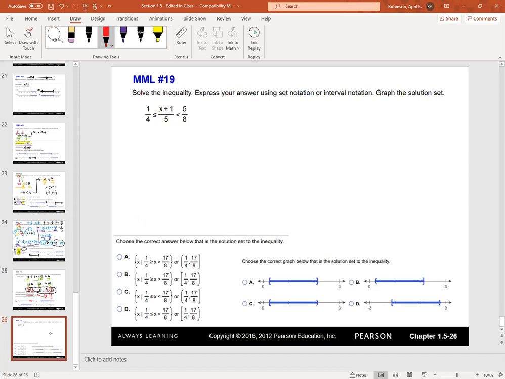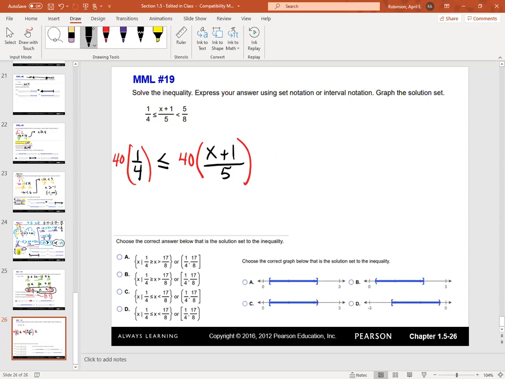Okay, let me rewrite this. I'm going to take the 1/4 and multiply it times the 40. And then I'm also going to, I guess I meant to do this in color, sorry. I'm also going to multiply the middle guy, the x plus 1 over 5 times 40.